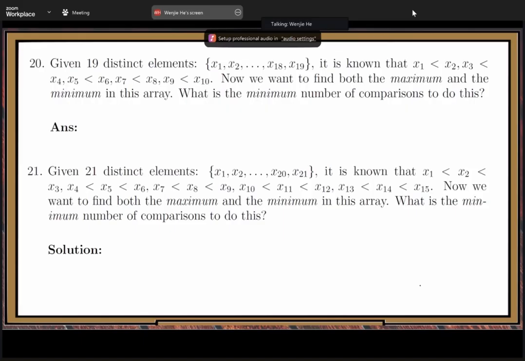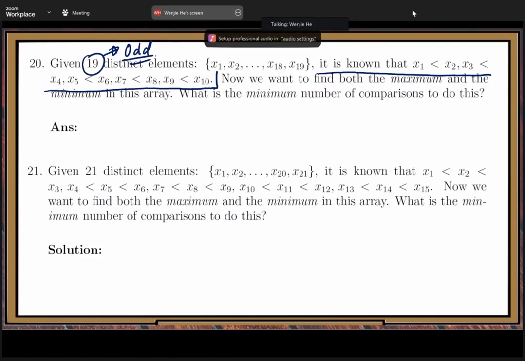Let me do number 20 first. Look at the condition. This is the given condition. First, without the given condition, you know how to solve it, right? We did it in class, remember? 19 is an odd number, finding both the maximum and minimum.